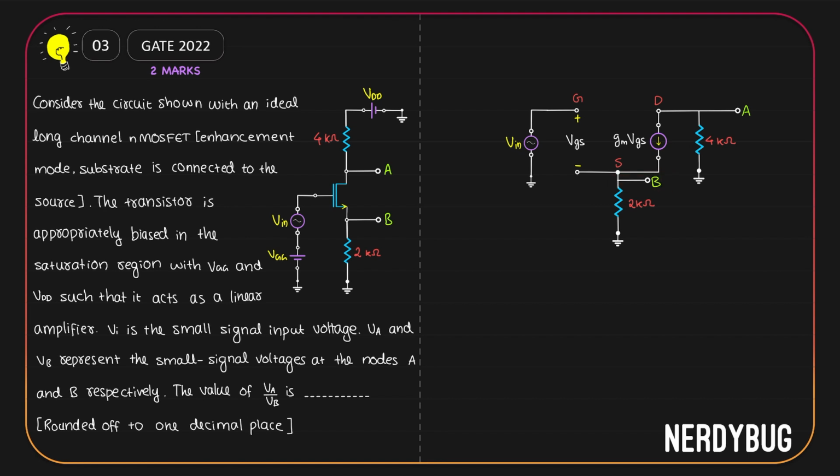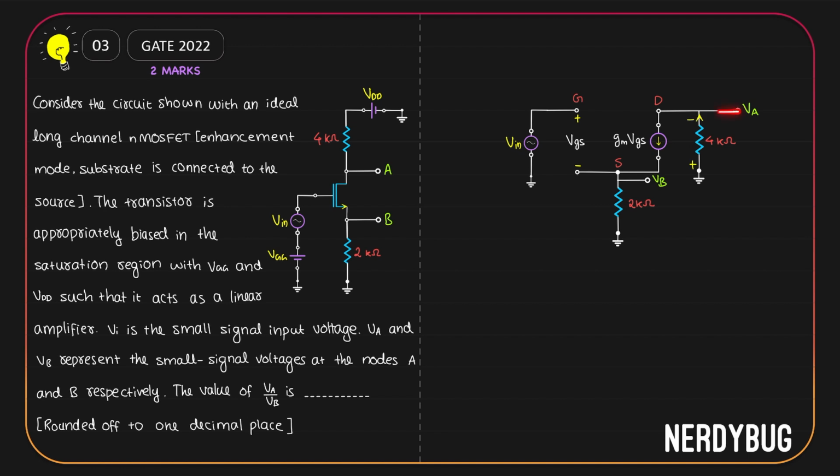According to the problem, potential at A is VA and potential at B is VB. We can see that gmVGS flows in this direction. So it must have flowed through the 4 kilo ohm like this. In that case, the potential across the 4 kilo ohm should be positive here and negative here.